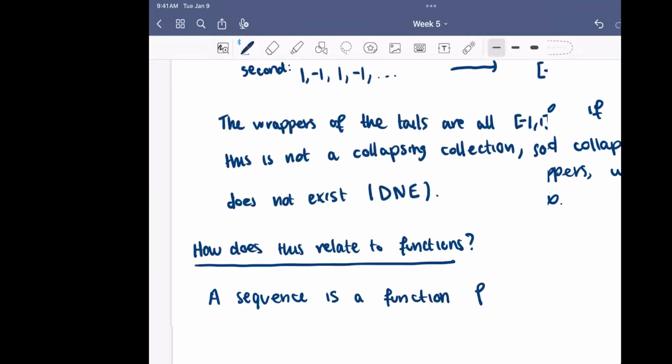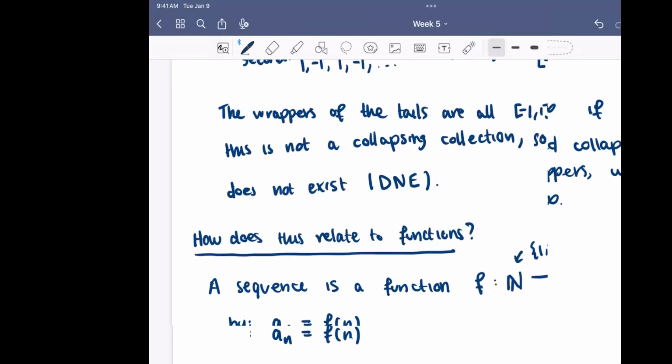You could say f from the natural numbers N, this is 1, 2, 3, and so on, to the real numbers. So given an input, which is one of these whole numbers, it outputs a real number. So my sequence a sub n would just be given by the value of f of n.